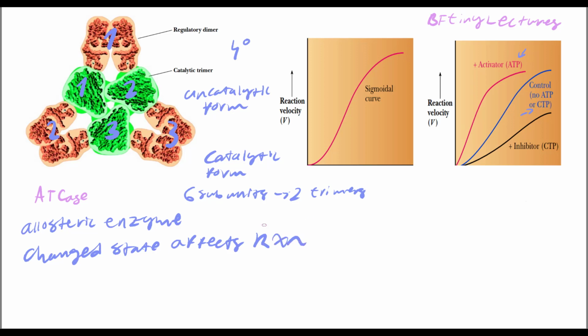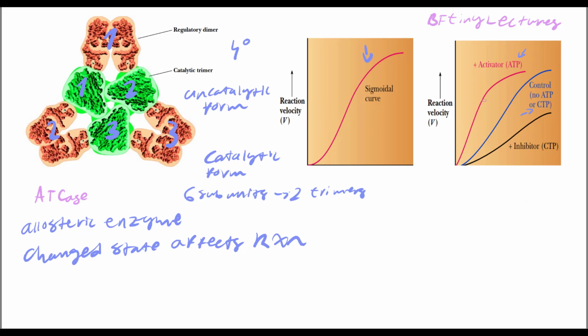So for instance, we have these Michaelis-Menten charts, and we see that normally this is the sigmoidal curve. It's just the data that was given by experiments without anything attached to it. So in its uncatalytic form, ATCase has a pretty normal looking velocity.